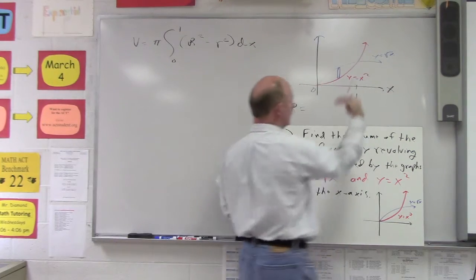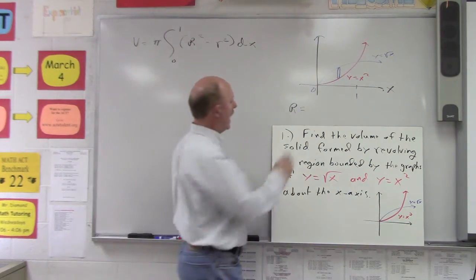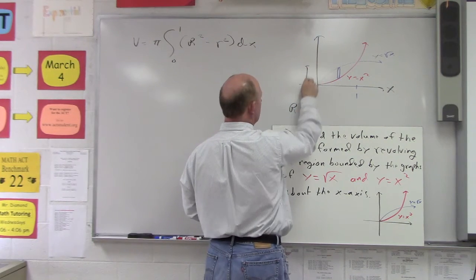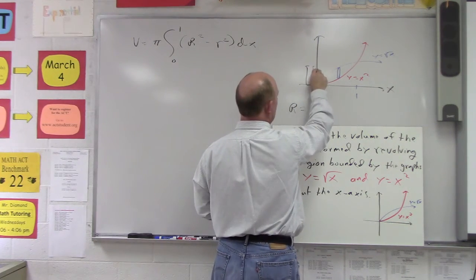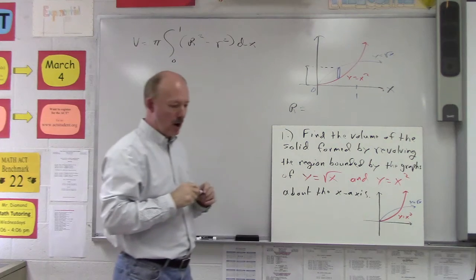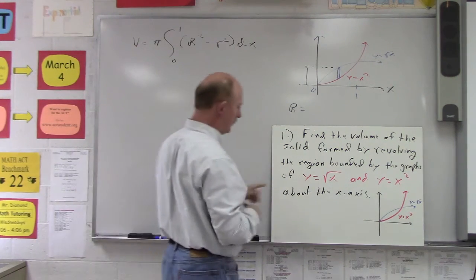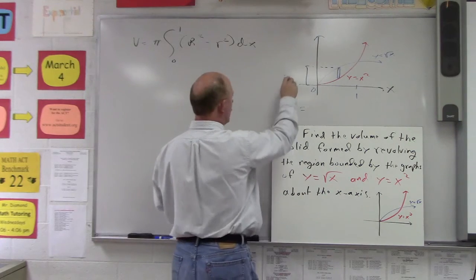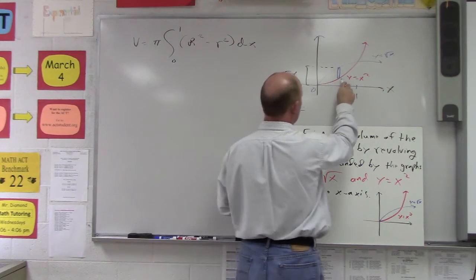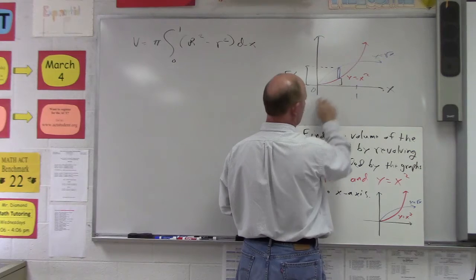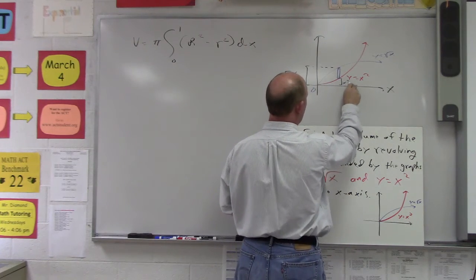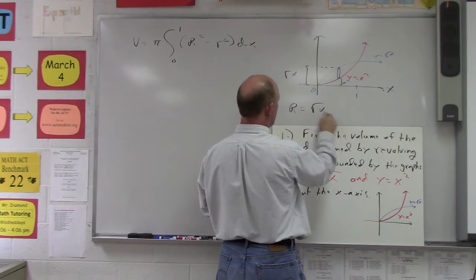Remember, we're going to rotate this about the x-axis. So the outer radius would be this right here. Right, so that's going to be big R. Now that distance is our top function, which is the square root of x. Right, now little r would be this distance right here, which would be x squared. So big R would be the square root of x.